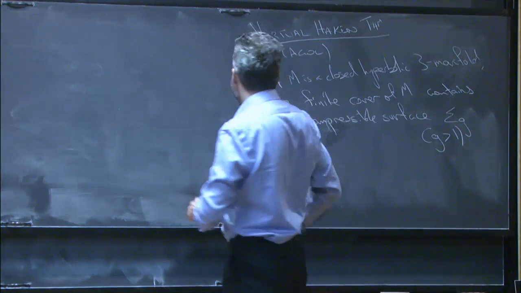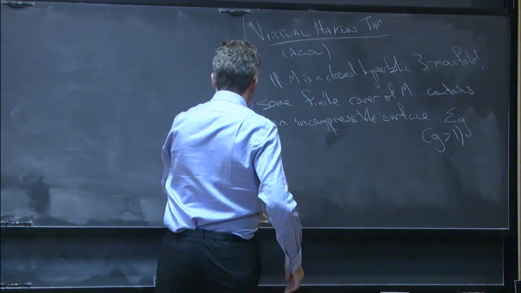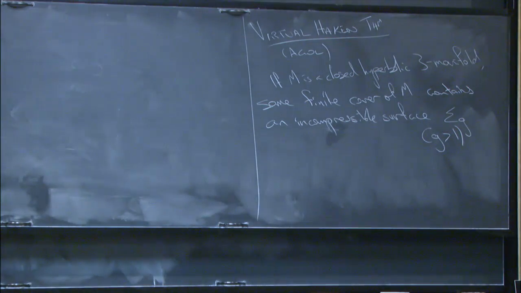This is the final part that was proved. There are many other parts to the story of manifolds being virtually Haken, but that was the final part that was proved.